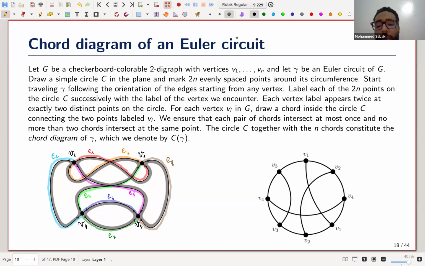Once this is done, we join the two points that correspond to the same vertex by a chord, and we make sure that each pair of chords intersect at most once, and no more than two chords intersect at the same point. So here I have the example from earlier. Here I have gamma, the Euler circuit, and here I have C of gamma, the chord diagram.